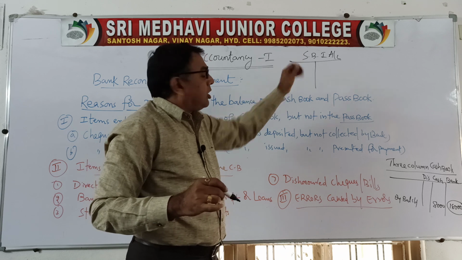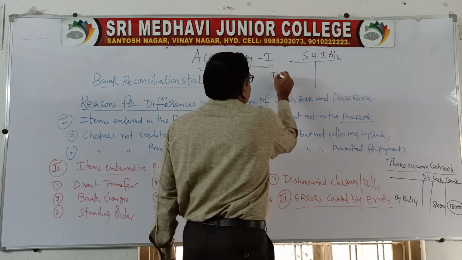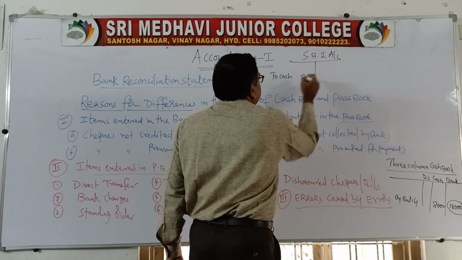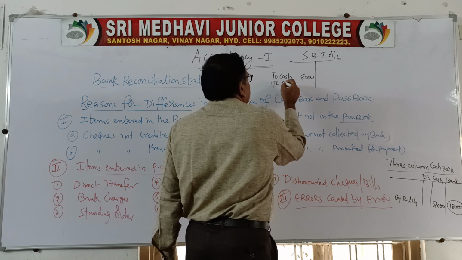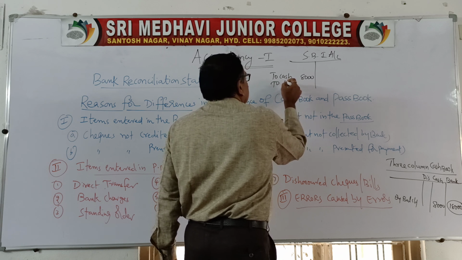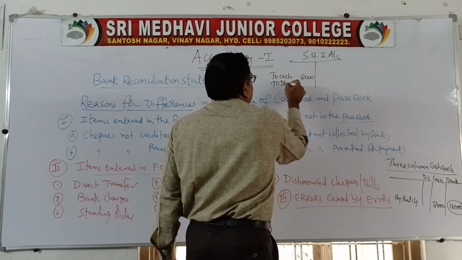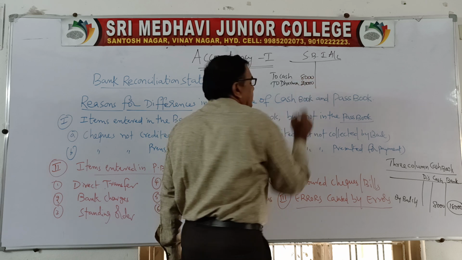The 3-column cash book will have that column. Whenever we deposit, we write here. Suppose we have deposited cash into the bank, so we write to cash 8,000 rupees. If some person's check has been deposited, then we write the name, to Dharma 20,000, like this.